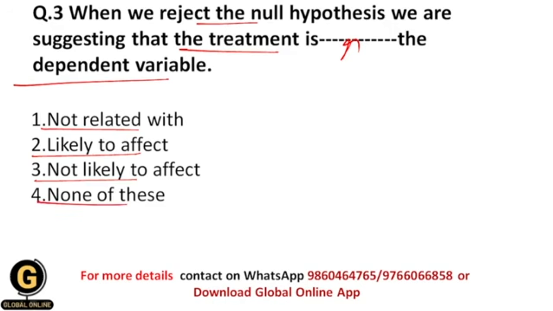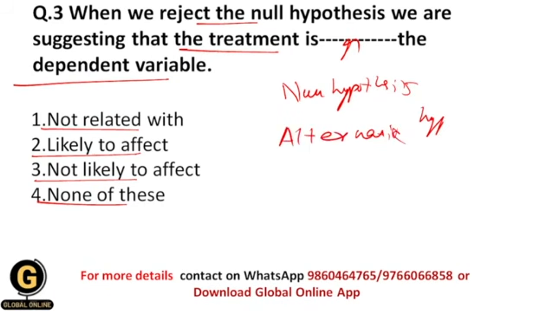So basically students, there are two basic types of hypothesis in whole research process, and those are null hypothesis, okay, that I have given the definition for this earlier in this video, and the another one is alternative hypothesis, okay, which is also called as the research hypothesis.